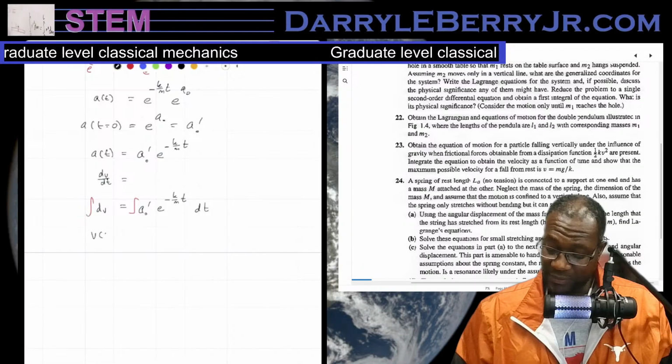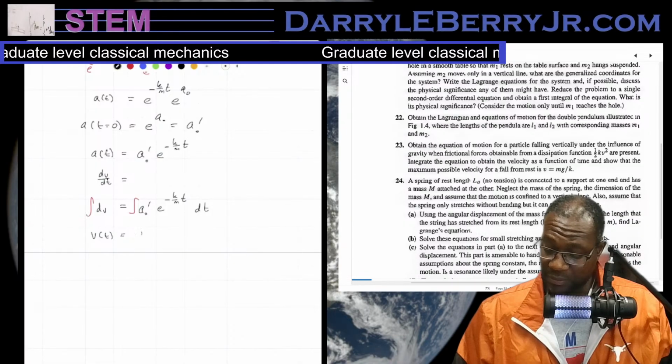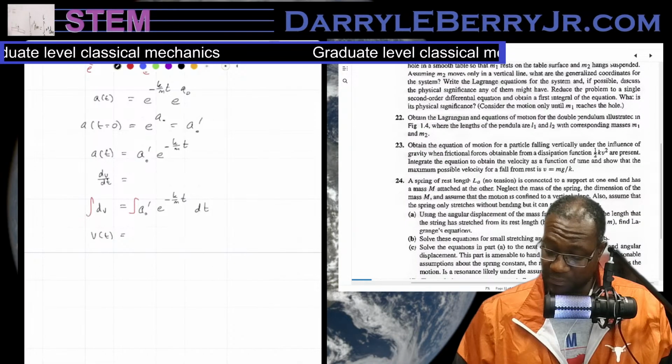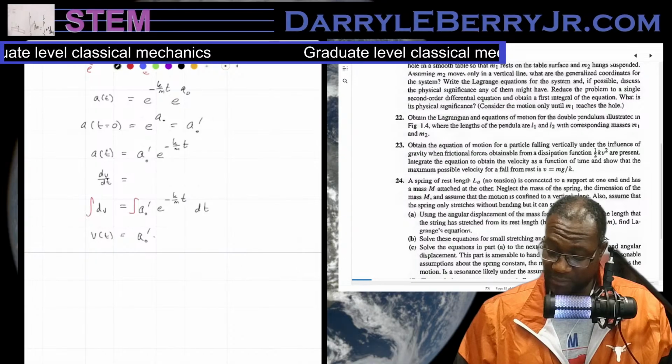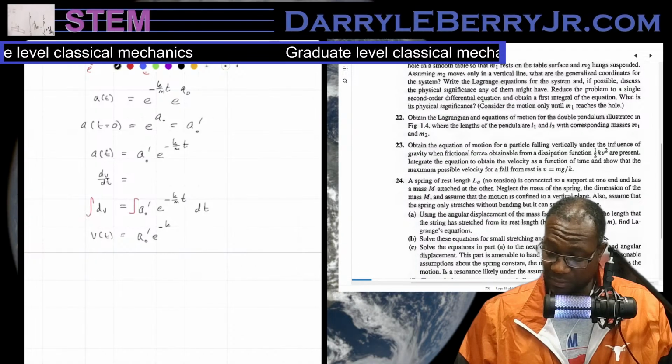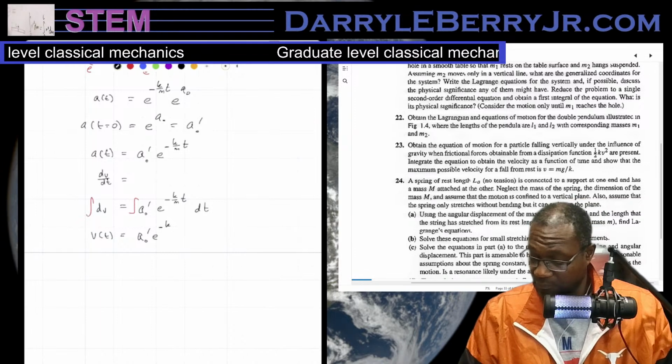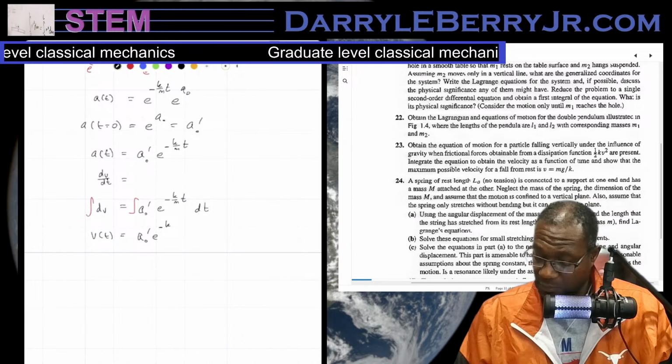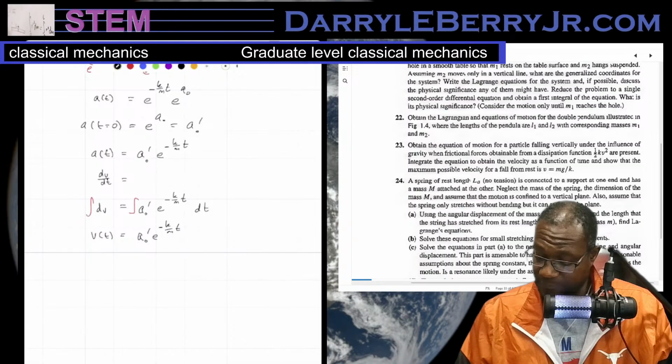So we have v of t equals a naught prime e to the negative k over m t, divided by the derivative of that.